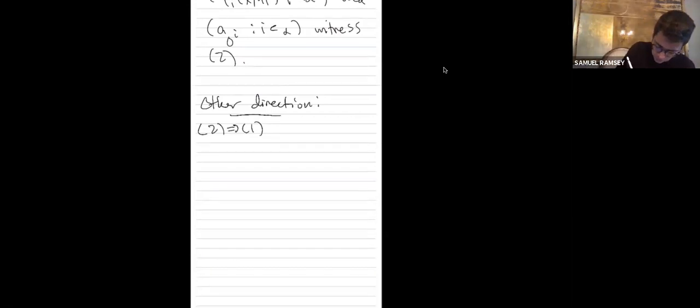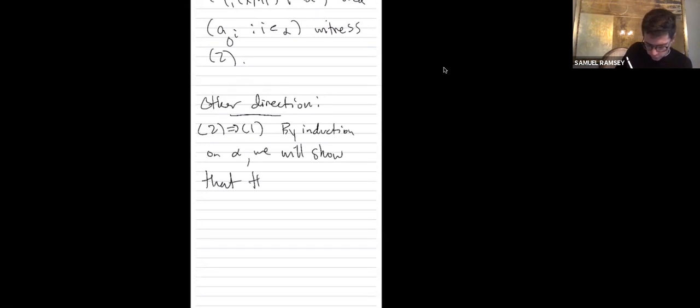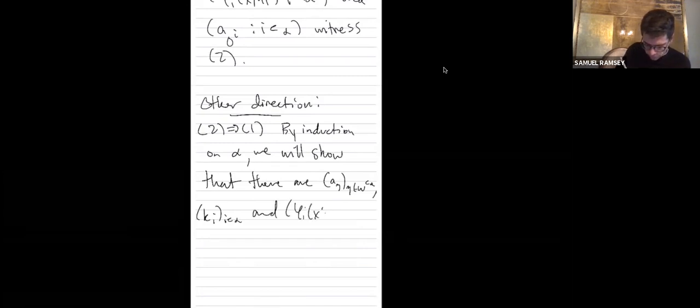So what we'll prove is that by induction on alpha, we will show that there are eta in omega to the less than alpha, k_i, i less than alpha, and phi_i, y_i, i less than alpha, satisfying A and B plus 2 conditions.